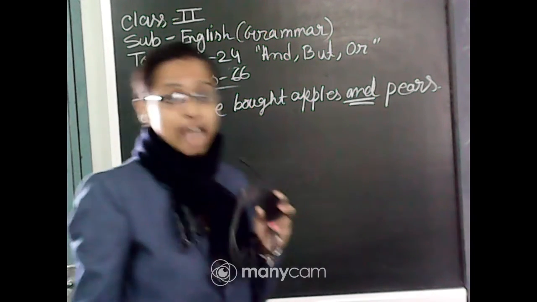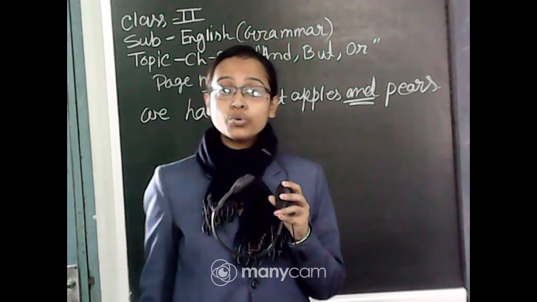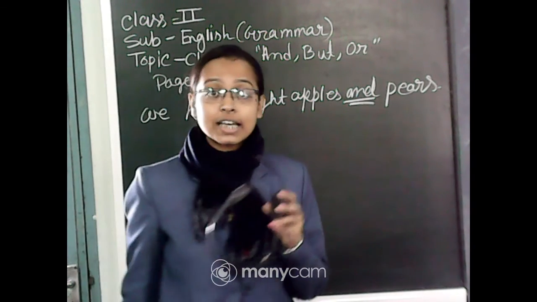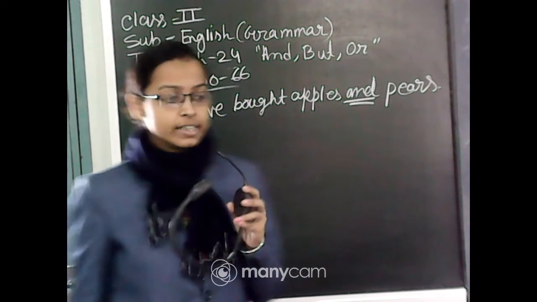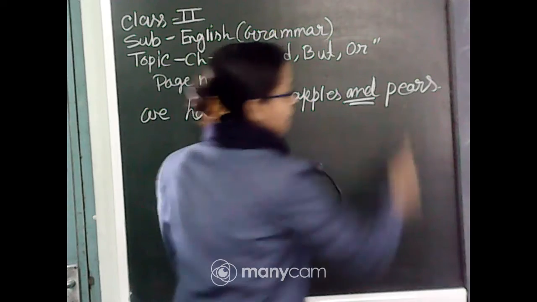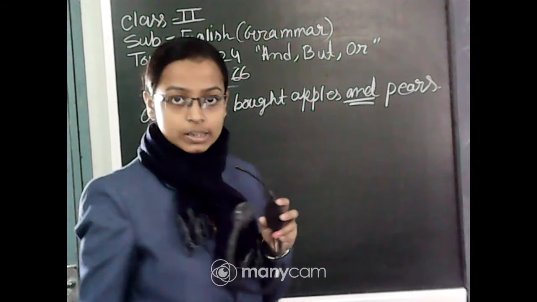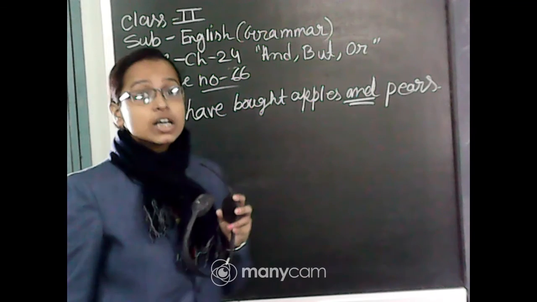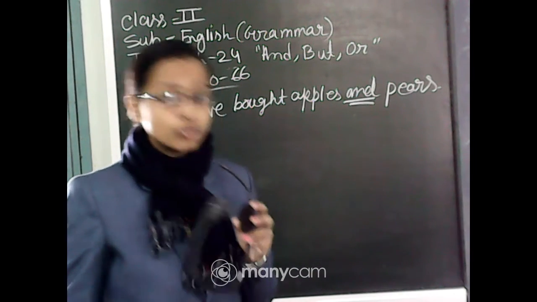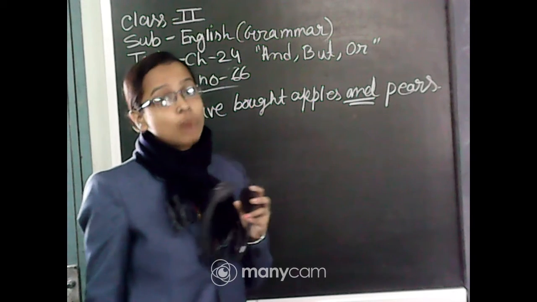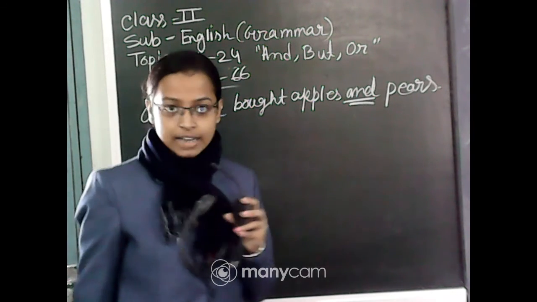Where we will use and: when two words or two sentences are of the same category, then we join the sentence or words by the word and. You can see here, apples and pears come in the category of fruits. So when we join two words or two sentences of the same category, then we will join the words or sentences by and.